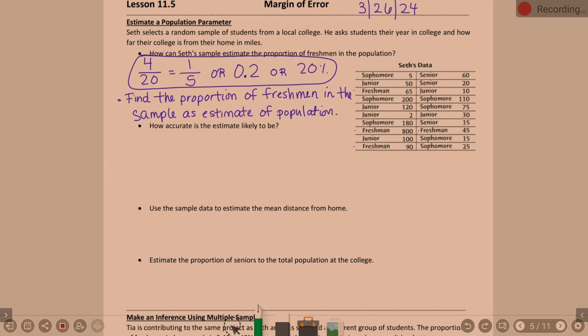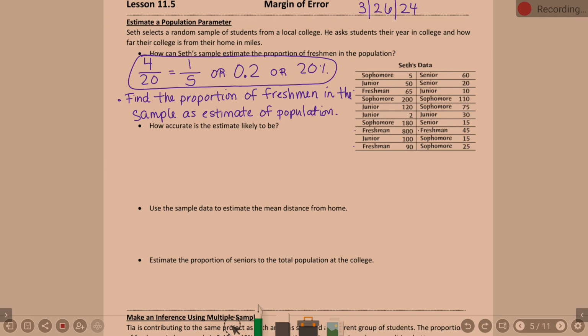Now, do we have the knowledge to know exactly how accurate this is? We don't. Another thing we can talk about: how many people did he sample here? 20. How many people do you think go to this college? Probably a lot more than 20. A sample is not everybody, right? However, a sample of 20 compared to how many kids at this college? Is that a big enough sample, do we think? Probably not.